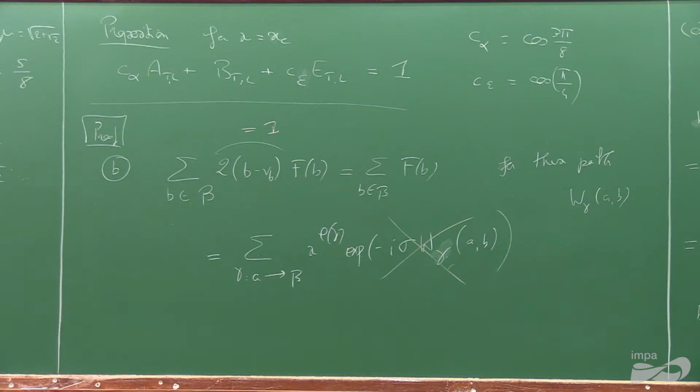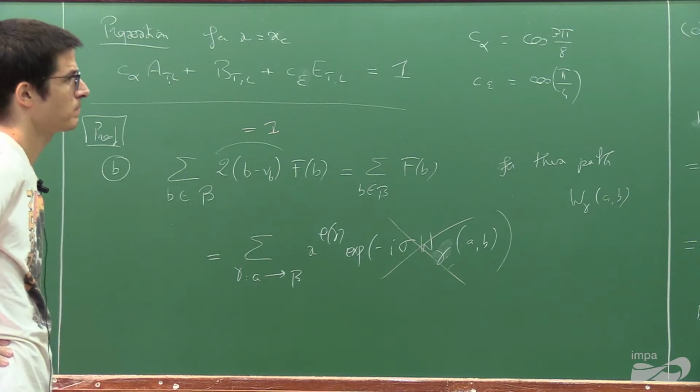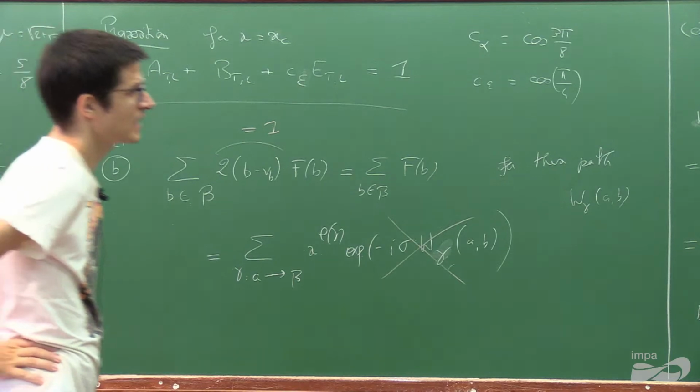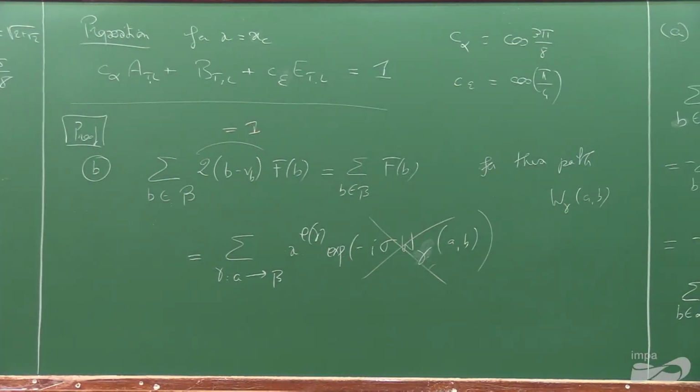So now let us make a few remarks. What you can see is that when you increase L and T is fixed, what you're doing is you are enlarging the domain.